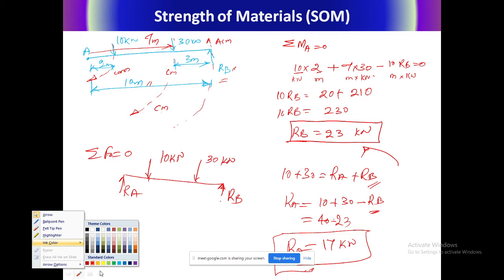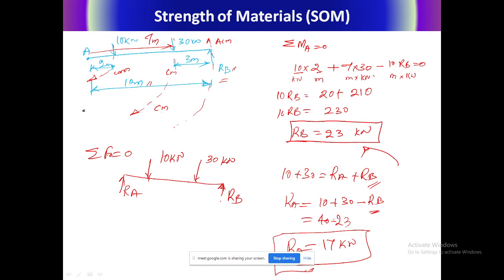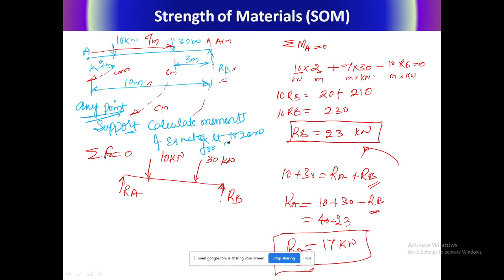So, taking the moment, you need to consider any one point, any point which is at a support. Then you calculate the moments and equate it to 0 for the equilibrium condition.